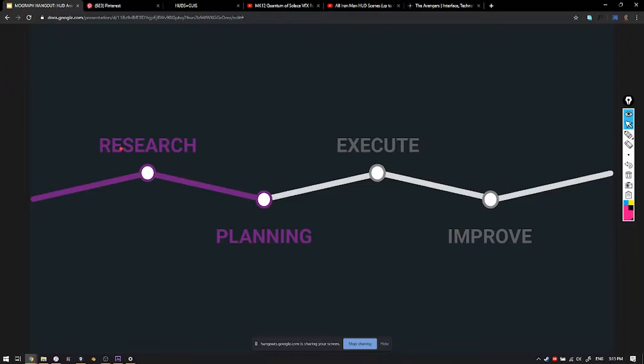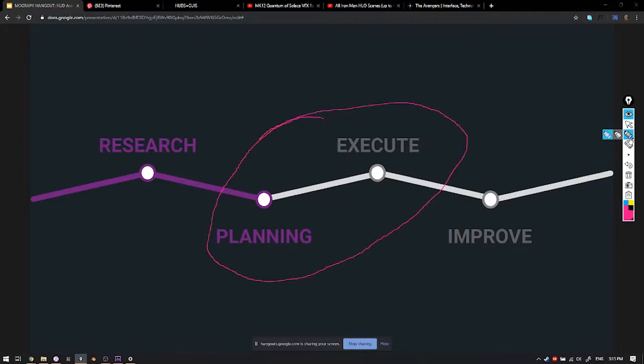Something about this executing step, compared to the typical workflow, or my workflow where I never used to plan: I used to do planning and execution together. When you have a design to do, you just open up After Effects and start throwing things around and hope something will work.